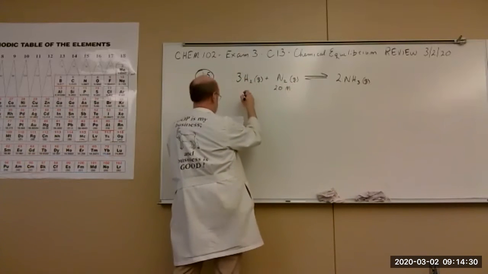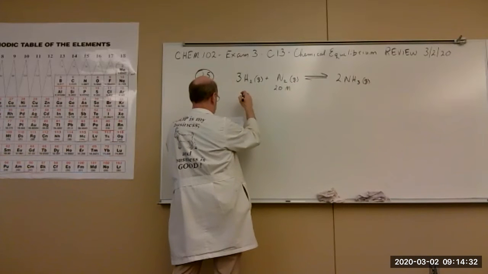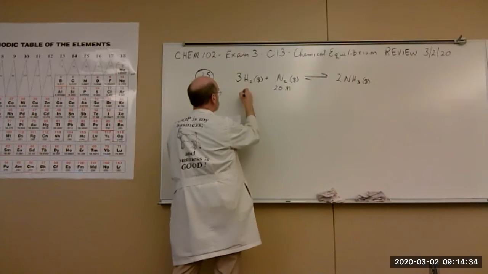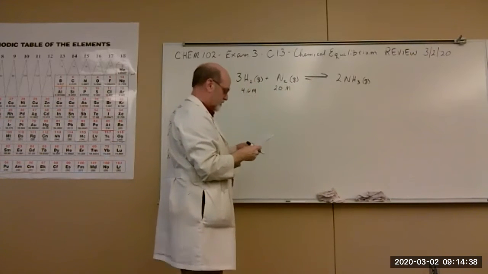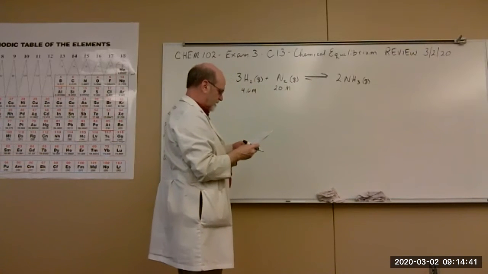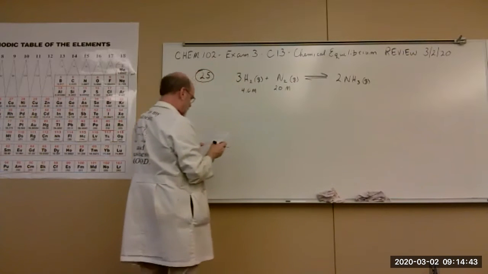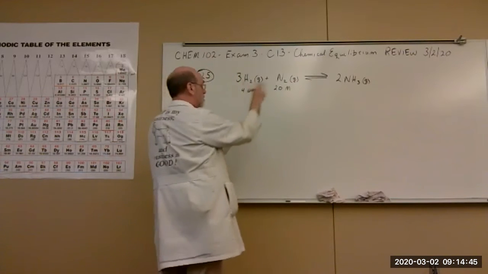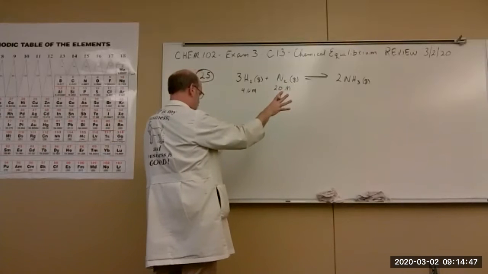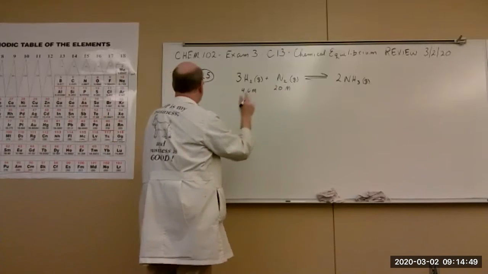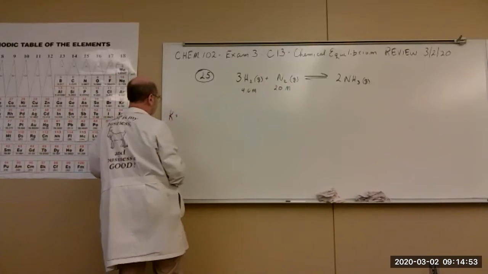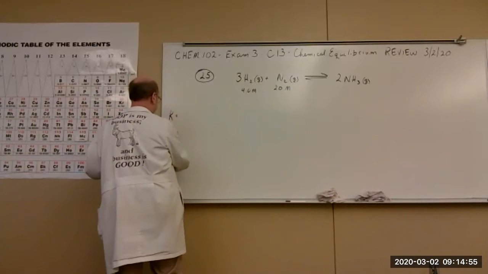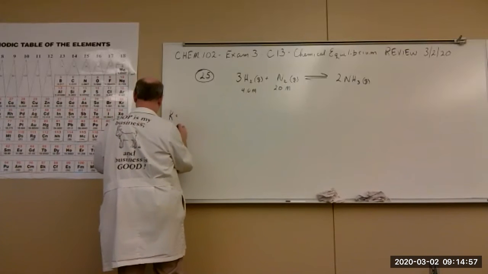And 4 moles H2. Okay, that's that concentration. The equilibrium concentration of that is a value at 700 degrees. So the question is, what's our K at 700 degrees?